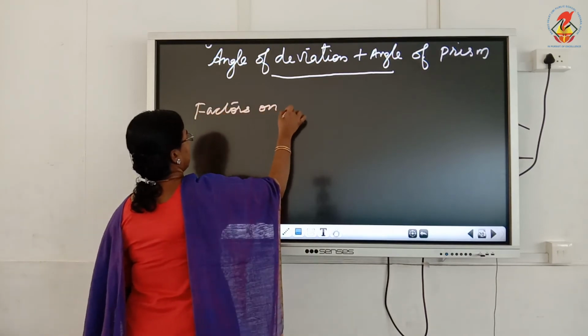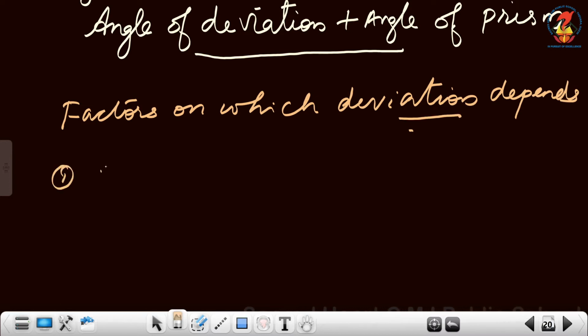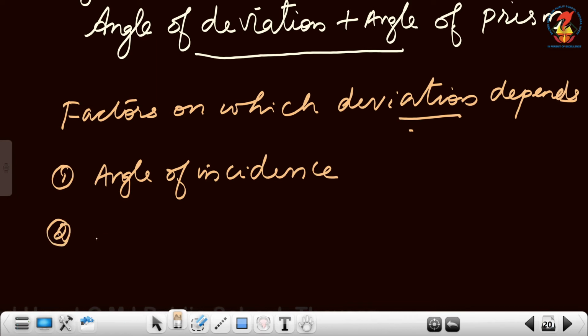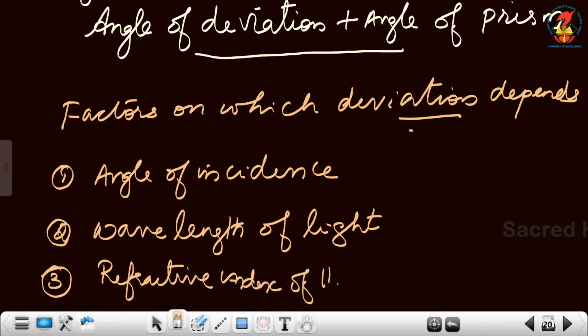It depends on, first, angle of incidence; second, wavelength of light; third, refractive index of the medium.